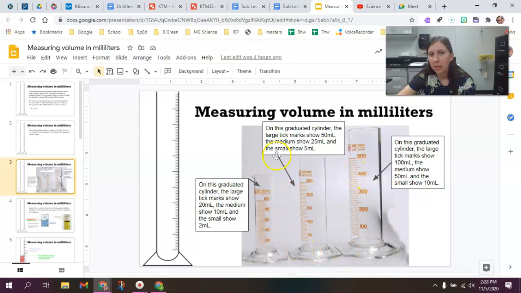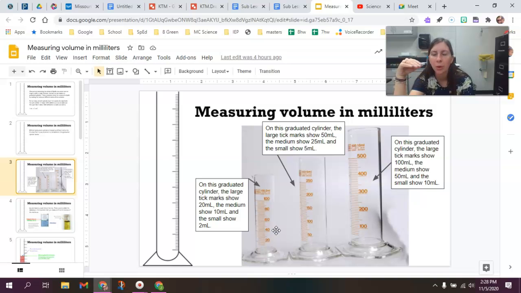So for instance, on these 3 graduated cylinders, this one has a highest amount of 100, and we can see 80, 60, 40, 20, that's counting by 20s. So the largest line represents 20 milliliters. There's a medium-sized line in between, so that would represent 10 because it's halfway there.